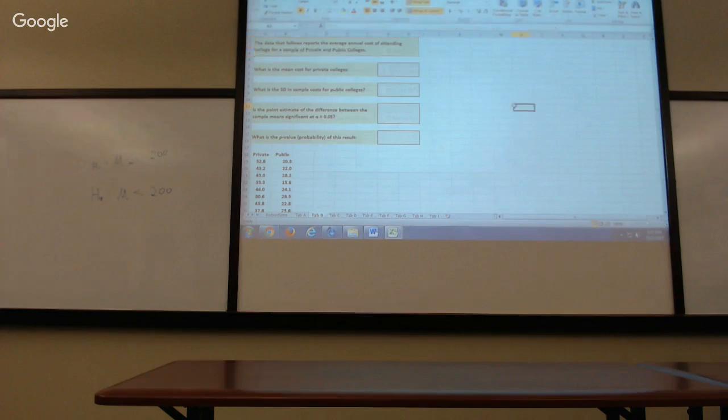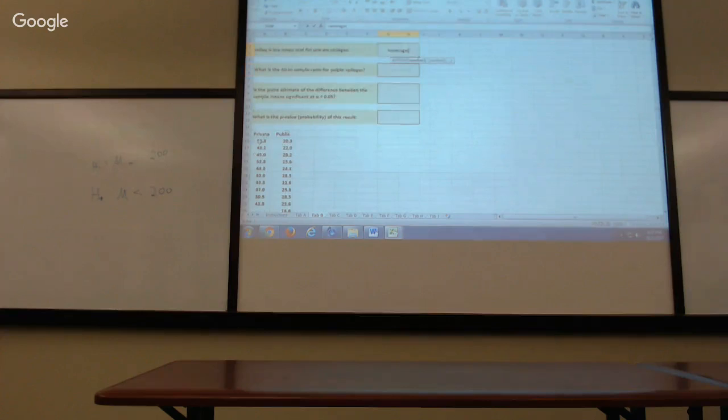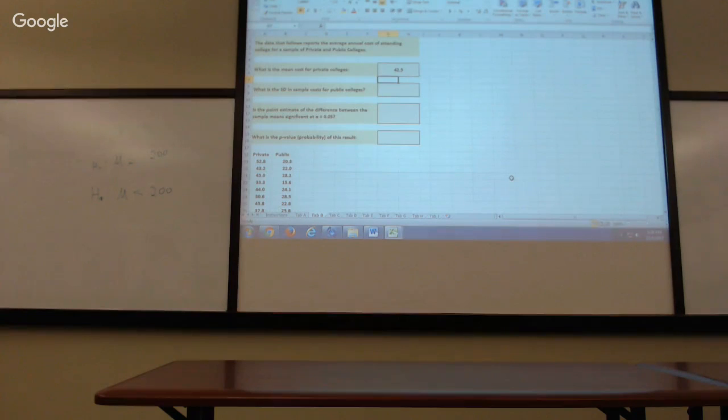So what is the mean cost for private colleges? That's just going to be pretty easy. We're just going to go the average. The mean of what it costs to go to a private school is $42,500 on average to go to a private school.